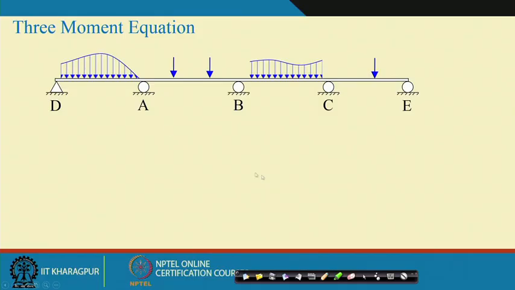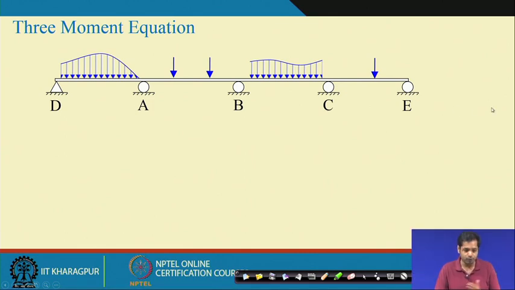Okay. So, the 3-moment equation, let us understand, or rather review, the 3-moment equation through an example. This is an example, a continuous beam, which is a statically indeterminate structure. We can easily compute the static indeterminacy of the structure. Here there are 2 reactions, one horizontal reaction and one vertical reaction.